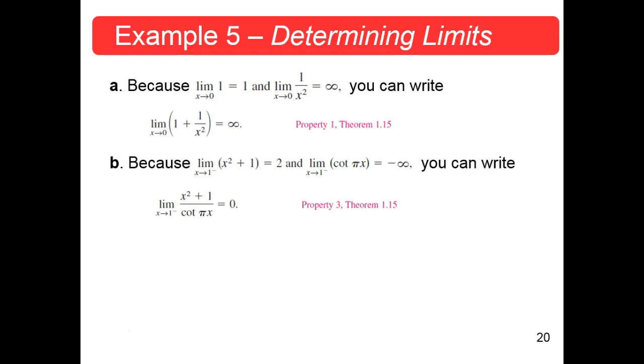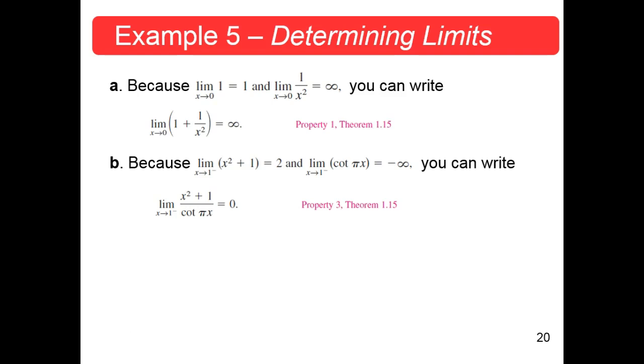In other words, plug in a 1 and you get cotangent pi. Actually it would be negative infinity because it's approaching from the negative side. Yeah, so it's going down real fast. So that's negative infinity.